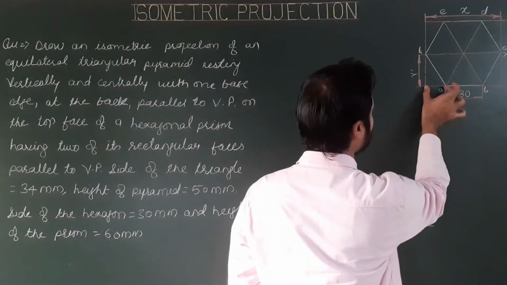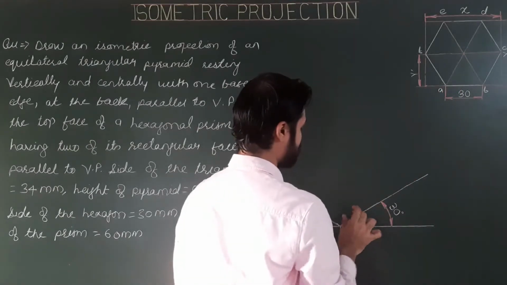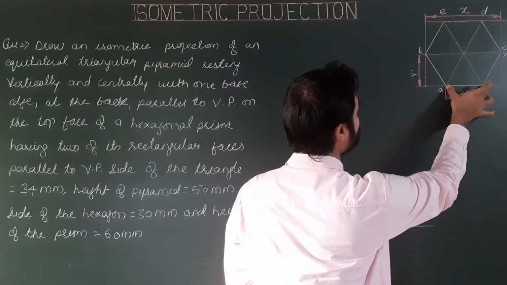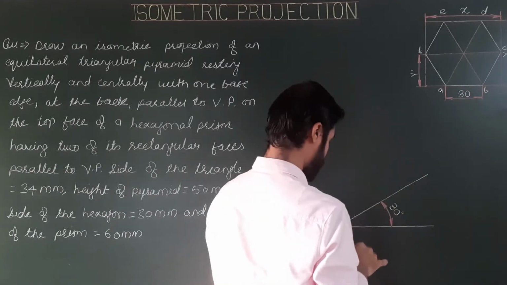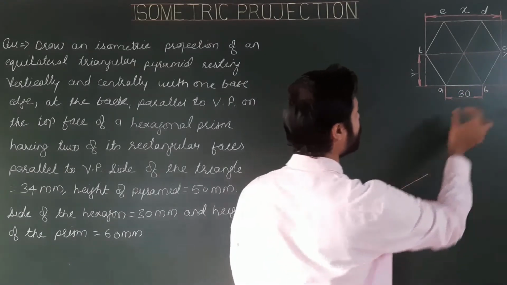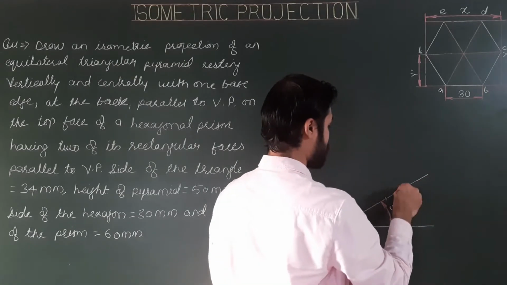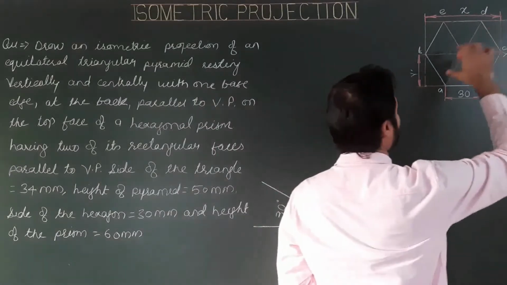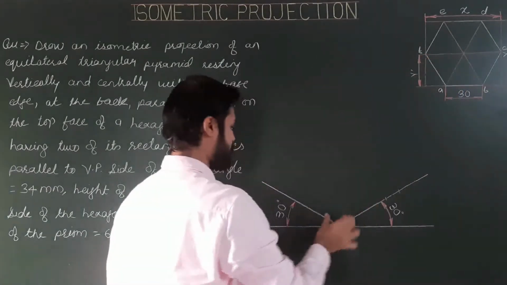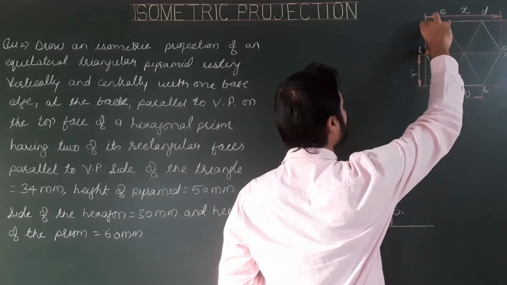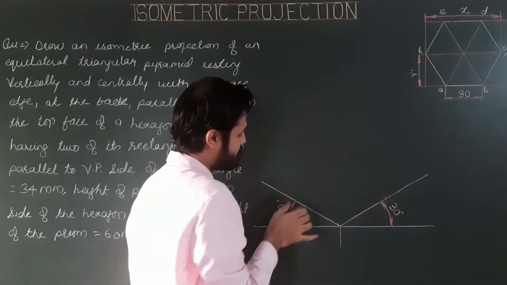So this is X. Why am I doing this? Because ultimately we have to mark all these points along the first iso axis. And this is the last corner, and up to F, and F to E.